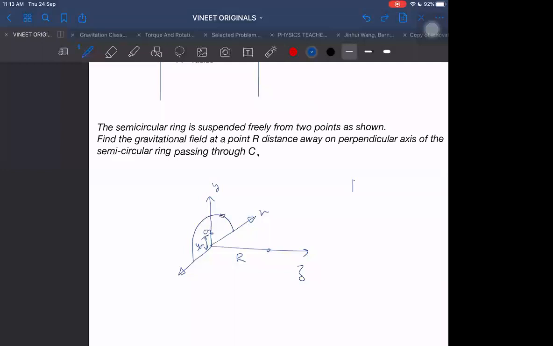First of all, take some element dm here. If I join this dm element with this point, I get the field in this way: G dm divided by r square, where I want to find it at point P. So G dm by r square, and next, towards the mass, meaning in the direction of this vector which I have taken, towards this side, right? Into r cap. I am taking point P as the origin.